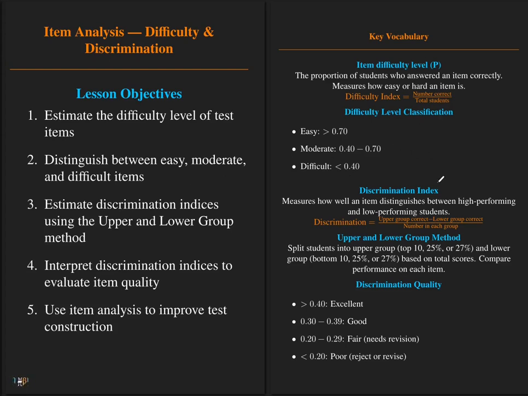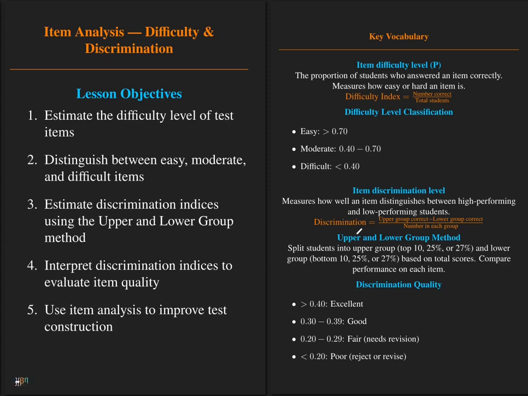The next term you should look out for is the discrimination index, also known as the item discrimination level. It measures how well an item distinguishes between high performing and low performing students.